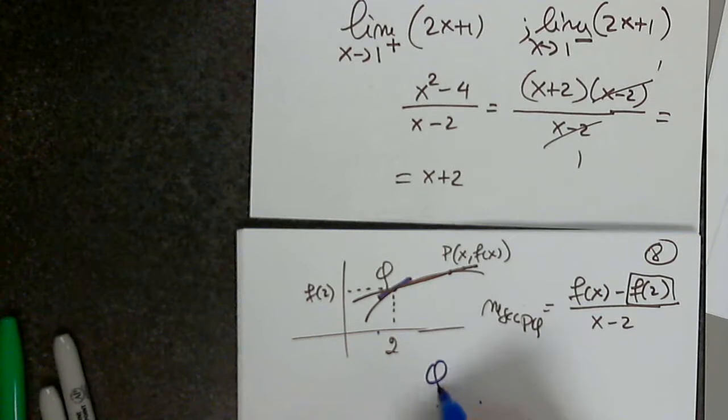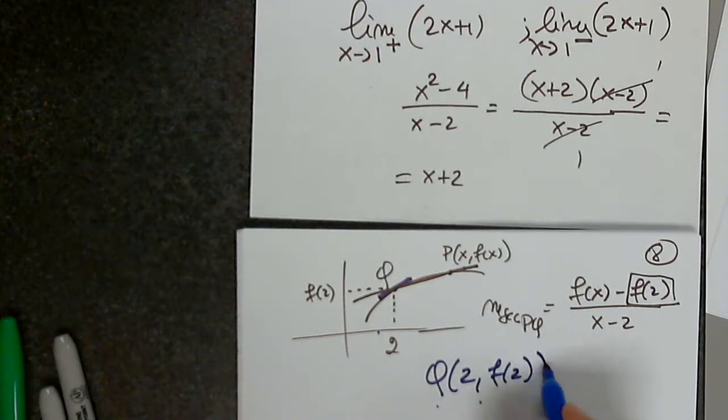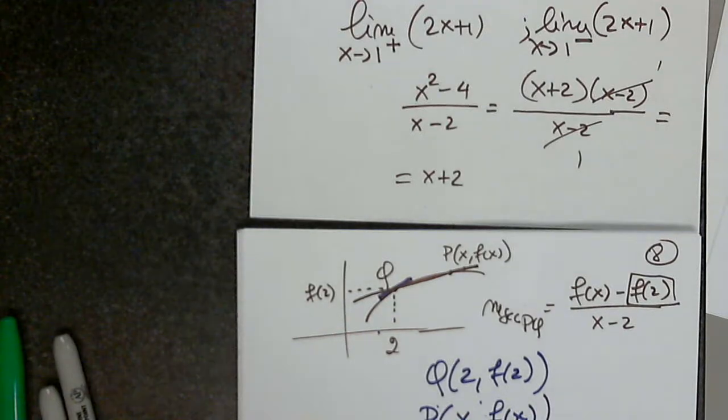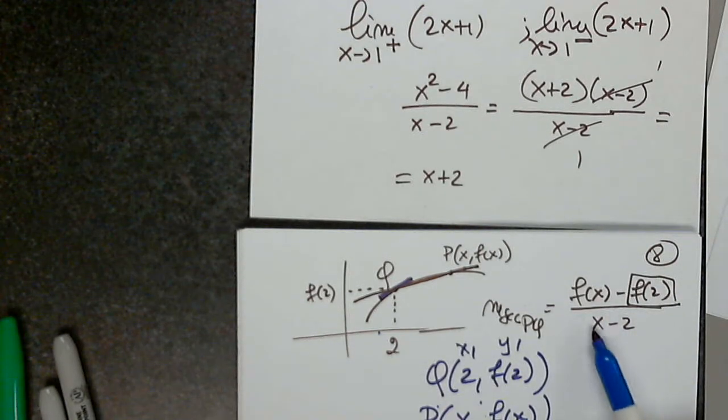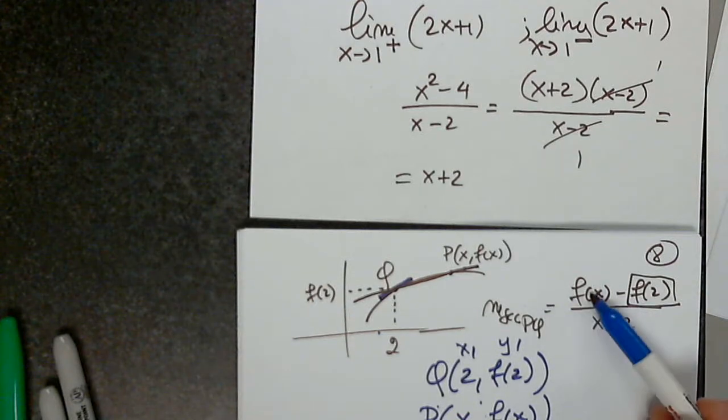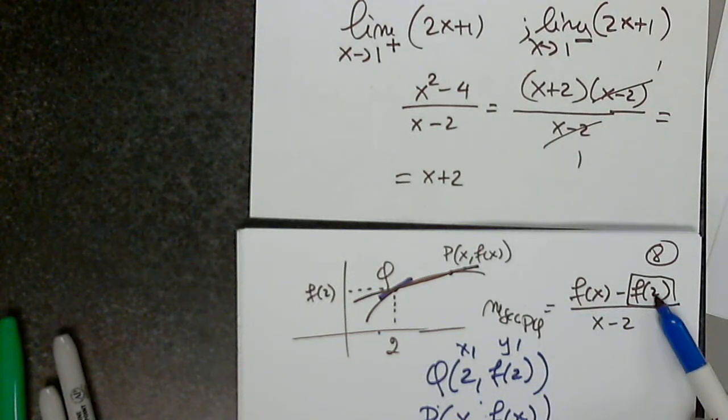So I have the point Q, which is 2 comma f of 2, and I have the point P, which is x comma f of x. This is my first point, so this is my x1, y1, and this is my second point, which is x2, y2. y2 minus y1 over x2 minus x1.